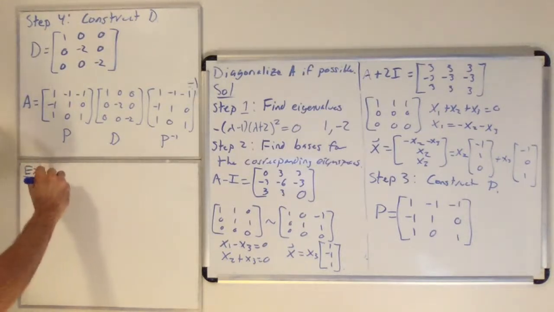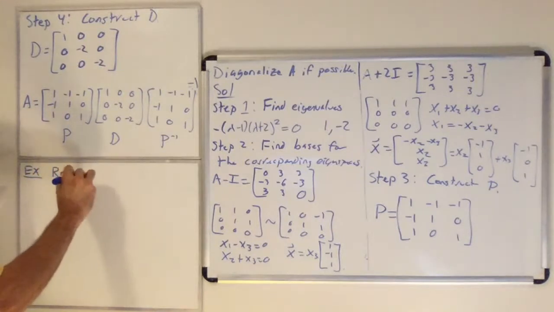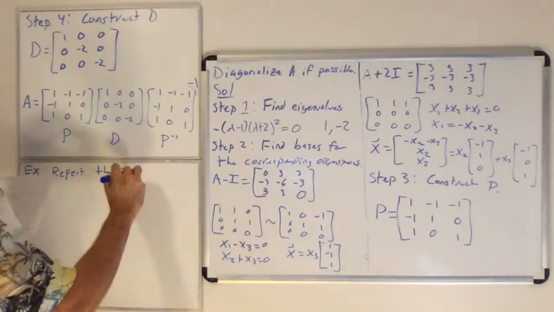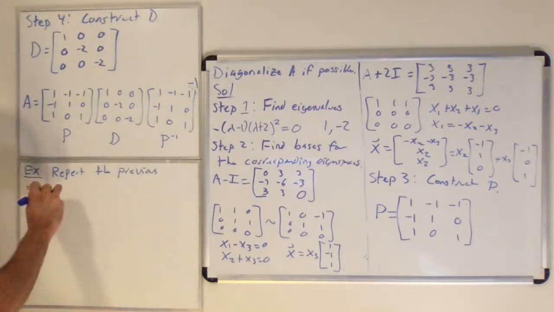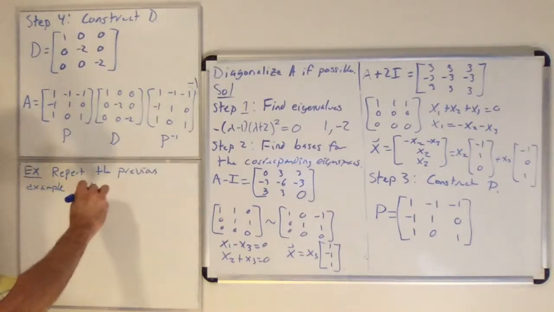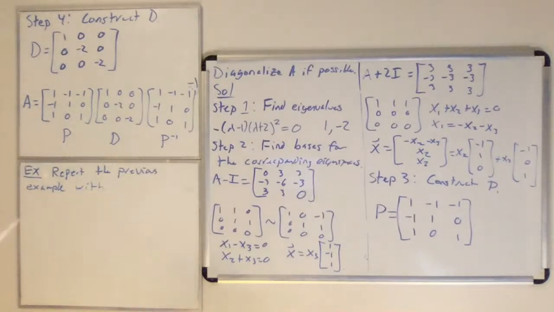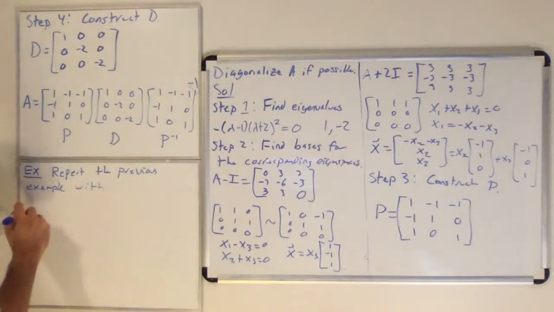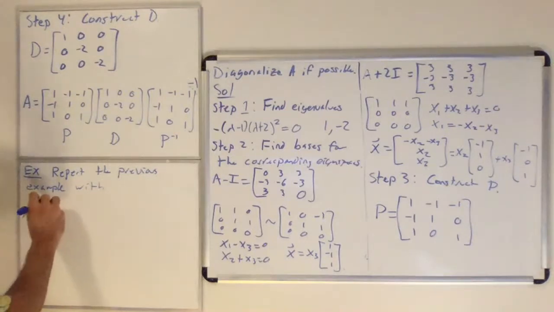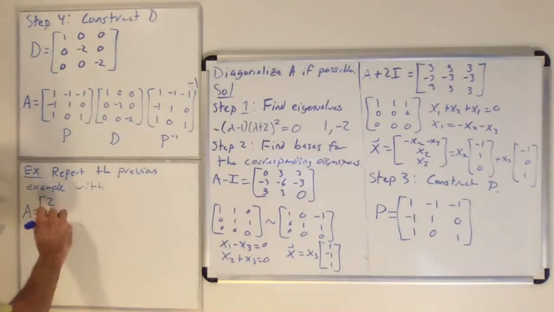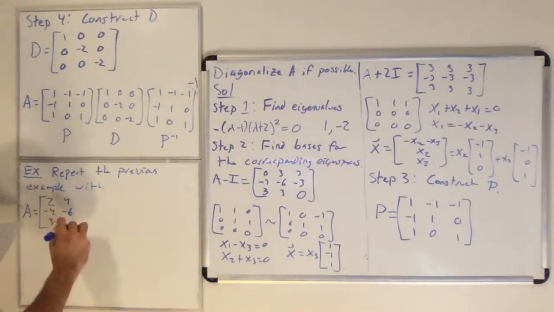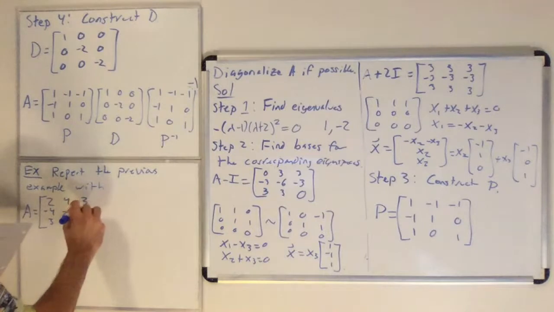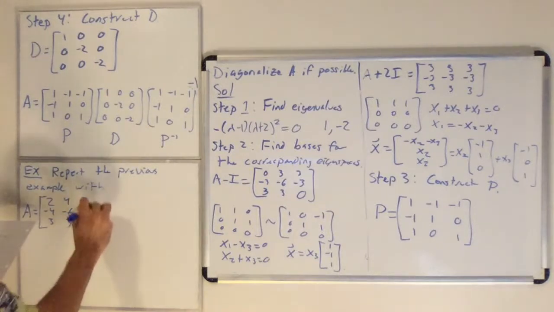So the example is: repeat the previous example with A equals 2, negative 4, 3, 4, negative 6, 3, 3, negative 3, 1.